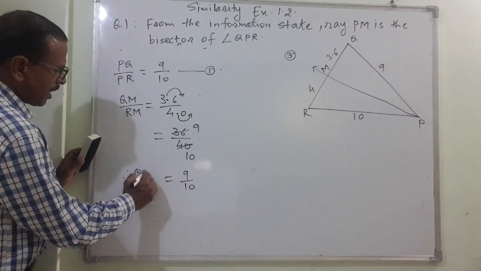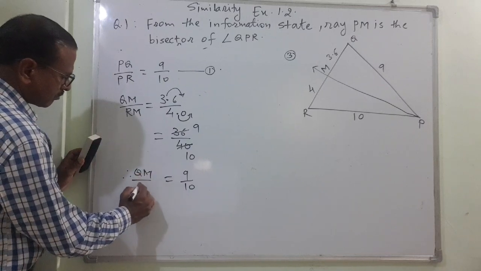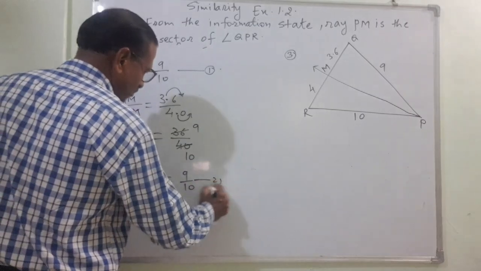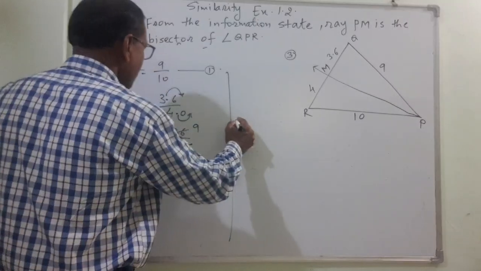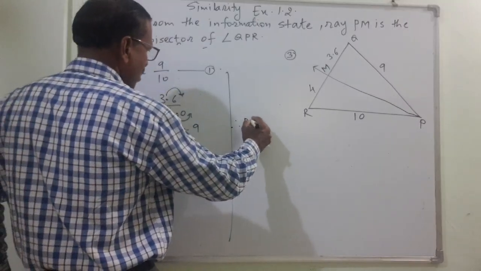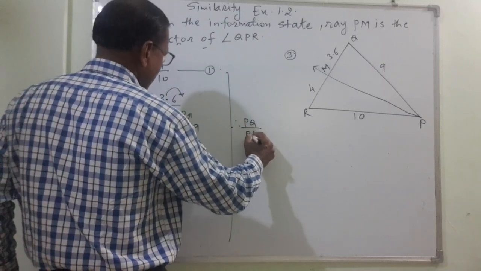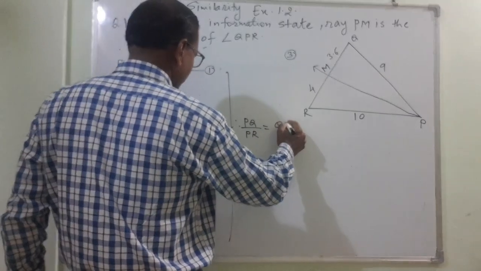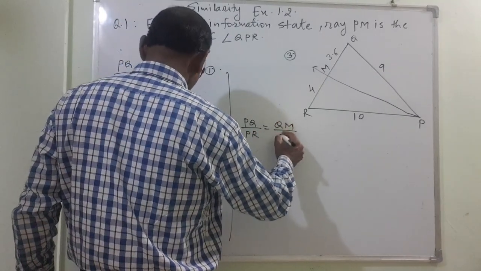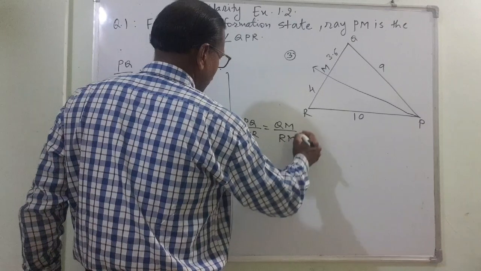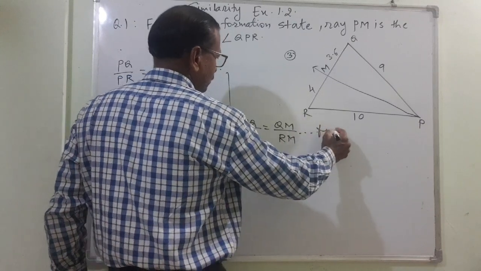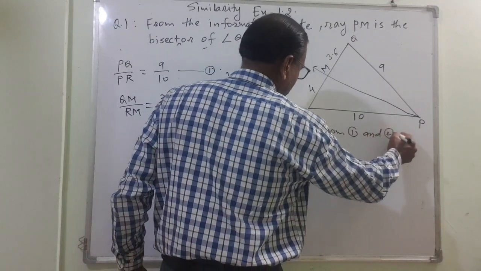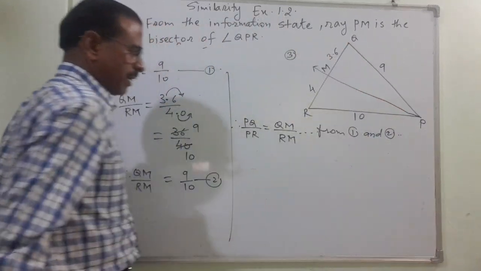Therefore, QM upon RM is equal to this. This is number 2. Therefore, PQ upon PR is equal to QM upon RM from 1 and 2. Okay.